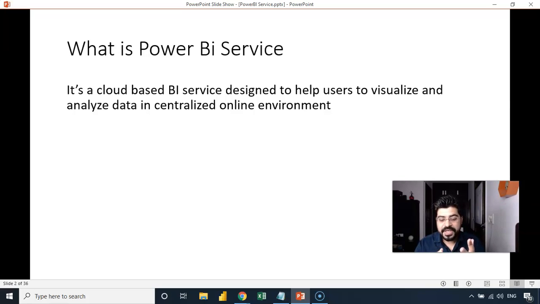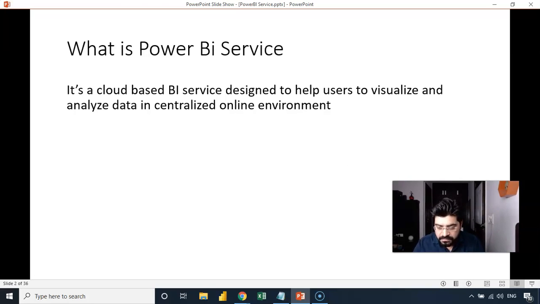Like you won't be able to write the DAX functions over there, and you won't be able to create the data modeling, which is the core part of creating reports in Power BI. So those are the major lacks over there, but that is not the job of Power BI service. At the time of recording this video, these features are not available in Power BI service. Maybe in future, we can expect these to be enabled in that cloud-based environment.